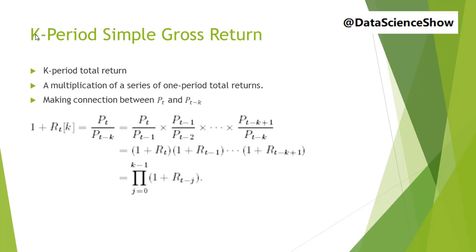I want to use bracket K to represent how many days of a simple growth return I want to look back. If I want to calculate the 2-day simple growth return, then I will replace K with the value 2. If I want to calculate 10-day simple growth return, I replace K with the value 10.